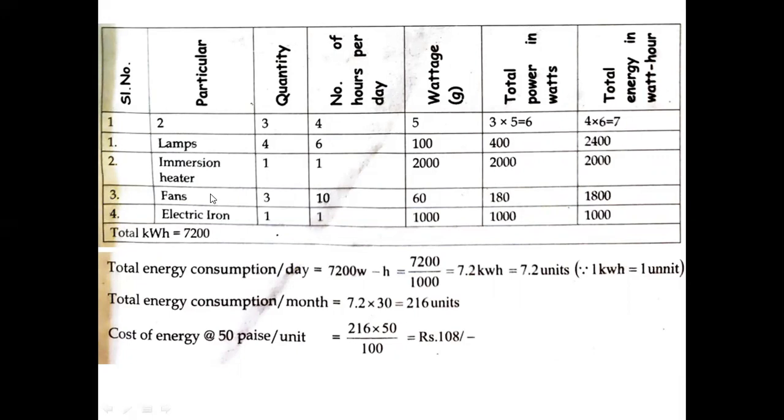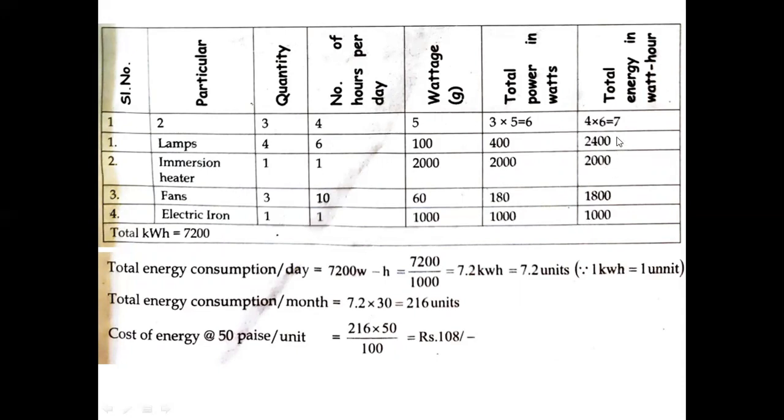Next, fans. 3 fans of 60 watts, so 180, into 10 hours, working for 10 hours a day, 180 into 10, 1800. Electric iron, one of 1000 wattage for 1 hour, so 1000 watt hour.